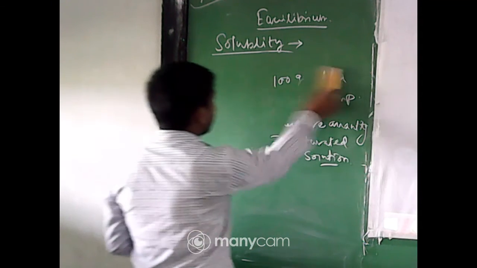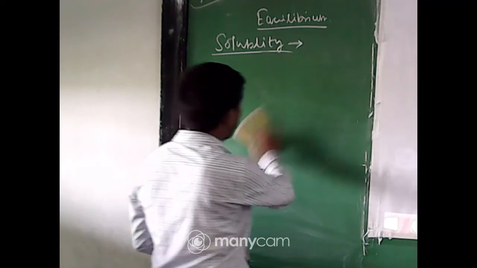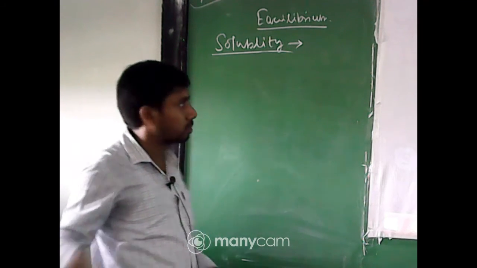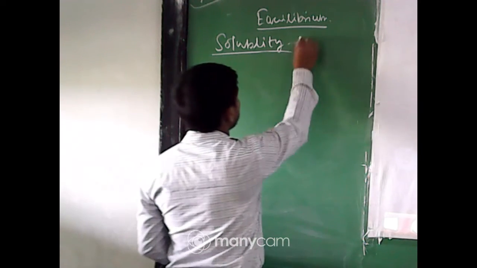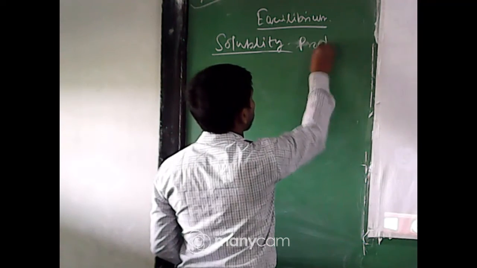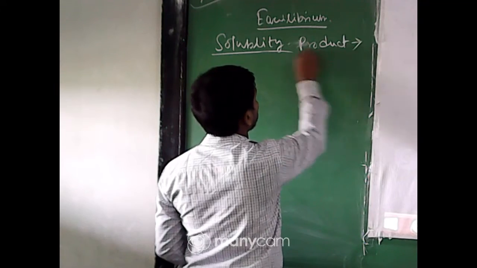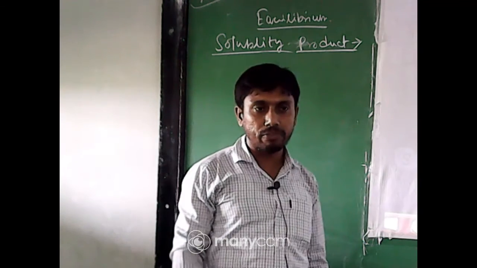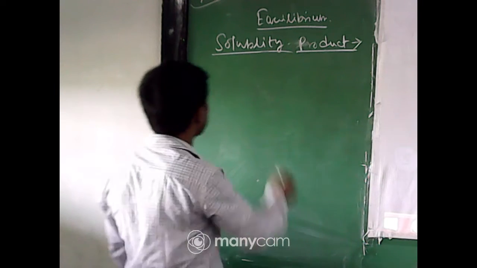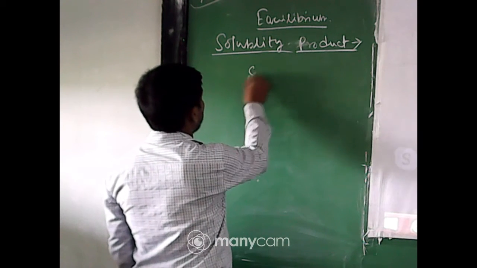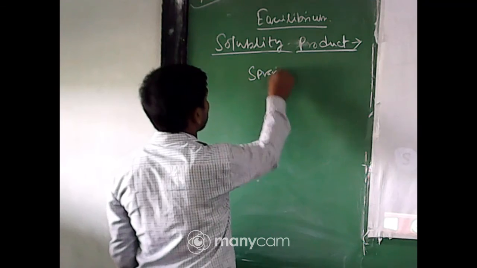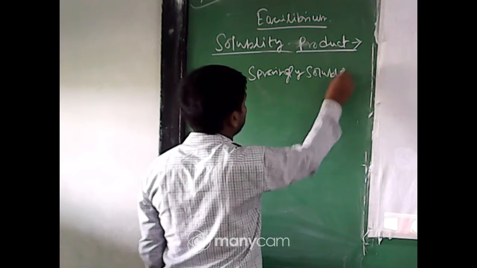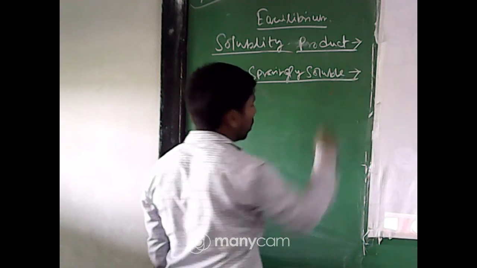Okay, so we have defined solubility. Next, what is solubility product? For this we have to define some terms, that is, sparingly soluble salt. What is a sparingly soluble salt?